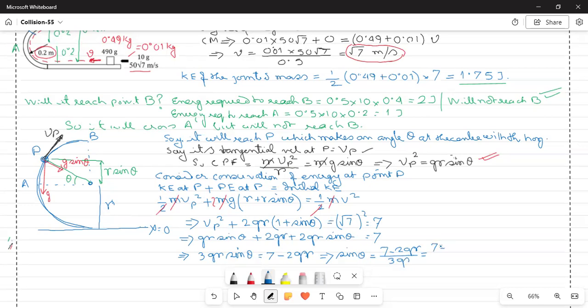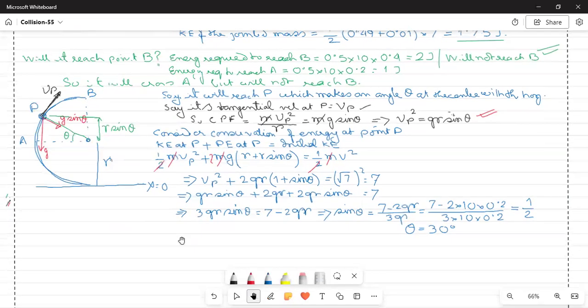This is 7 minus 2gr, which is 2 into 10 into r, with r being 0.2, divided by 3gr, which is 3 into 10 into r, with r being 0.2. If you do this calculation, this is equal to exactly half. So sine theta is half, and we get theta equal to 30 degree.